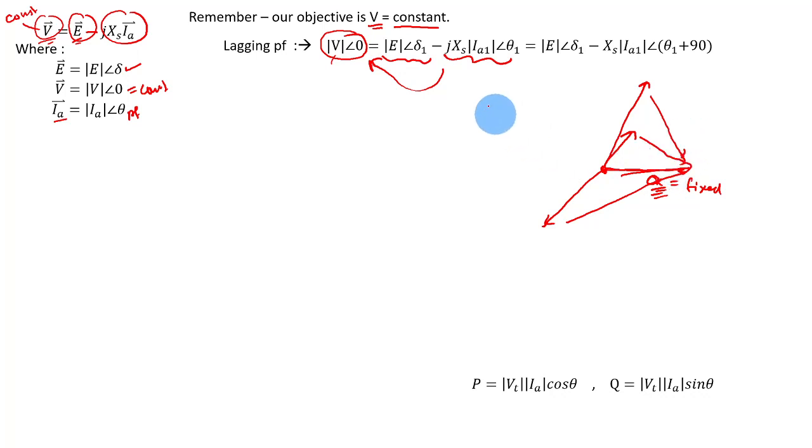If you have a slight change in this vector, then this vector needs to adjust, so that if you subtract these two together, we'll always get the same voltage vector at the angle of 0. Okay, you know what I mean?